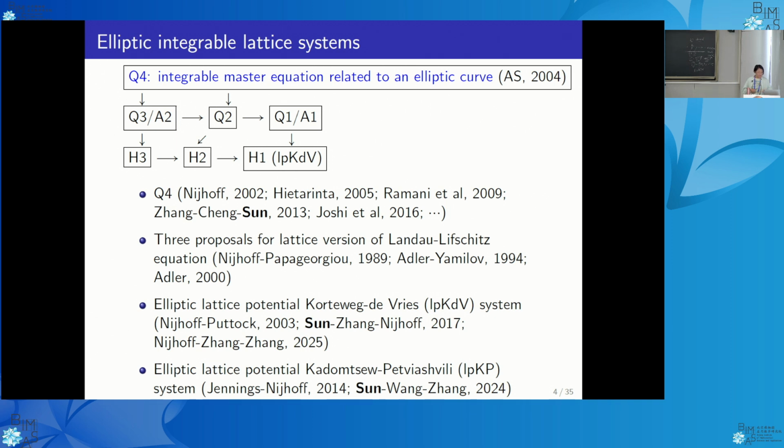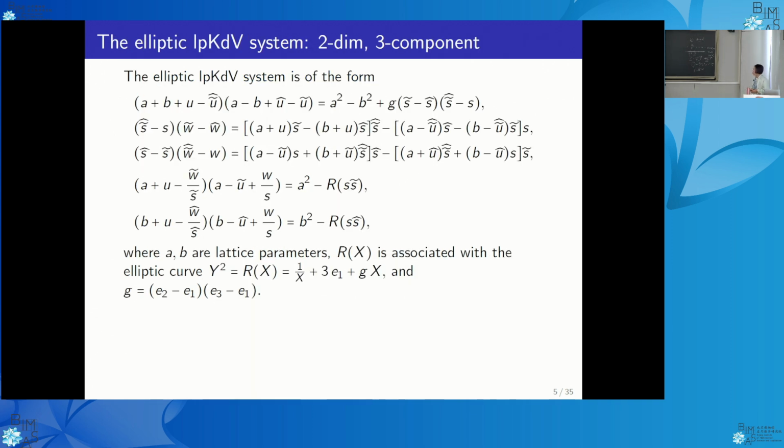Next, I'd like to first show you what this system looks like. So this is the elliptic lattice potential KdV system, which is 2-dimensional with 3 components. Here, tilde and hat are the shift notations, as we introduced before.